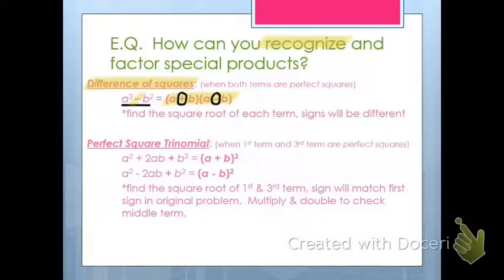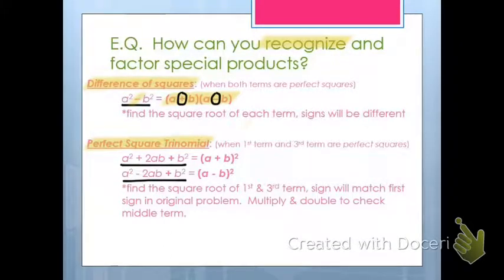Now, the second type of special product that we're looking at today is called the perfect square trinomial. So right there in the title, it tells you, and you can look at the formulas if you're not sure, what type of polynomials are these going to be? A trinomial, right? 3 terms. It calls it a perfect square trinomial. So what is a perfect square trinomial? Well, it's when the first term and the third term are perfect squares.